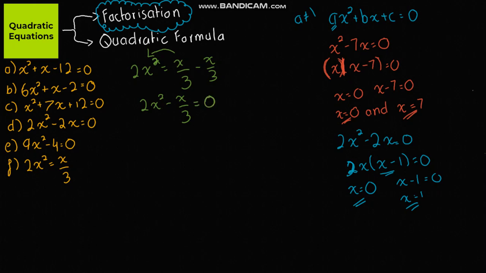Now we factorize, and the common factor is x in this case, and that would be x times 2x minus 1 over 3. As you can see, x times 2x is equal to 2x squared, and then you know x.